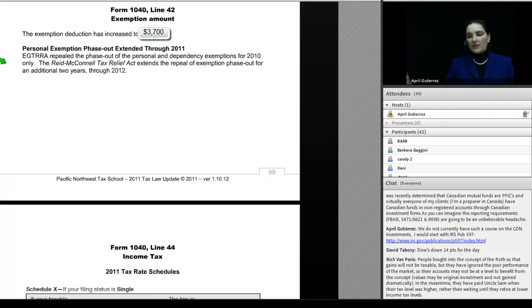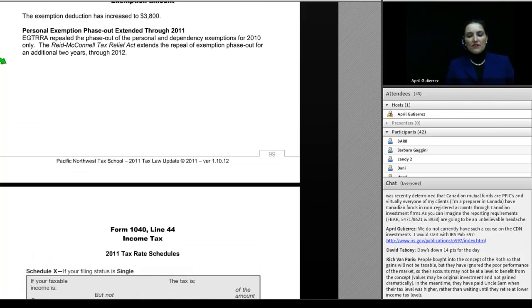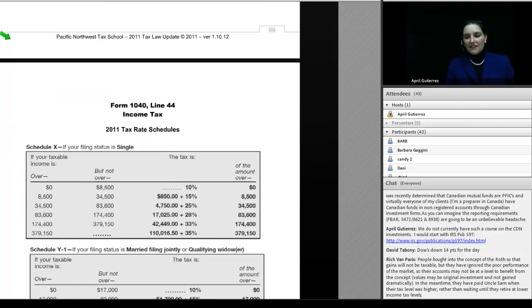Well, that also has been extended through 2012. So there's no phase-out on the itemized deductions, and there is no phase-out on personal exemptions for 2011. But as I already said, AMT will pick up and take it away anyway. I really don't understand the purpose of that no phase-out because AMT taxes exactly the income that these don't give you a break on. Anyway.